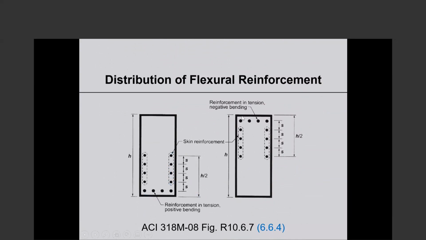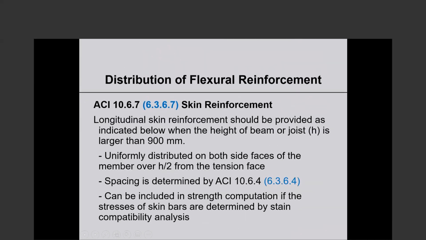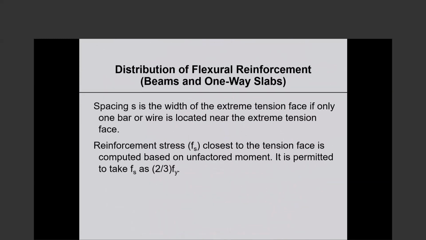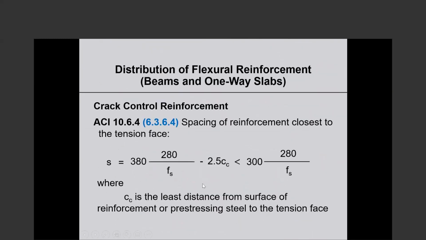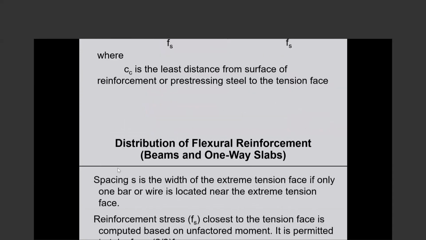If this is the tension face, then the skin reinforcement will be provided as in the right-hand picture. So, uniformly distributed on both faces of the member over h over 2 from the tension face. Spacing is the same as this spacing. Okay, so spacing of skin reinforcement is the same as the spacing given by these expressions.